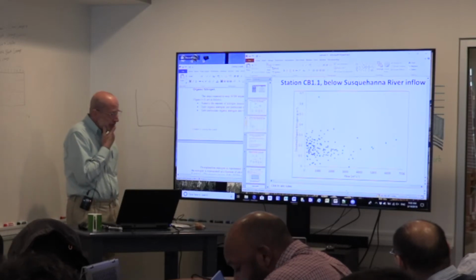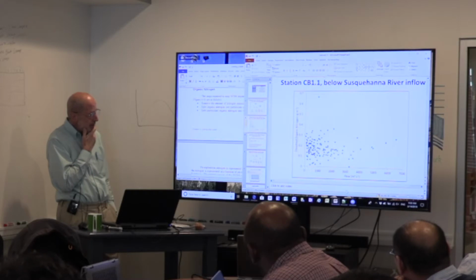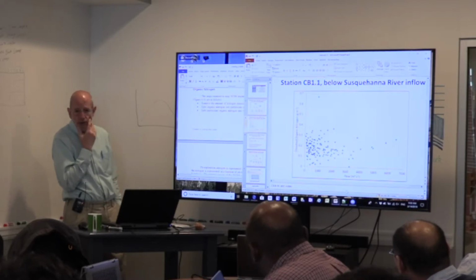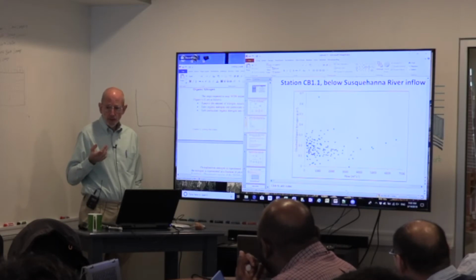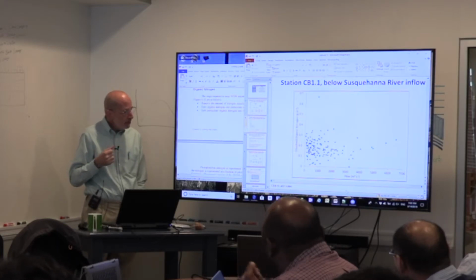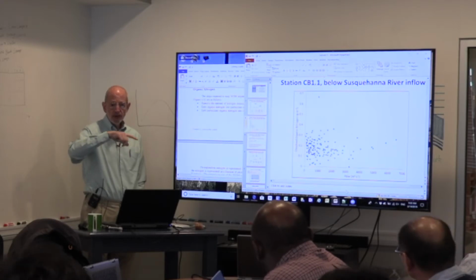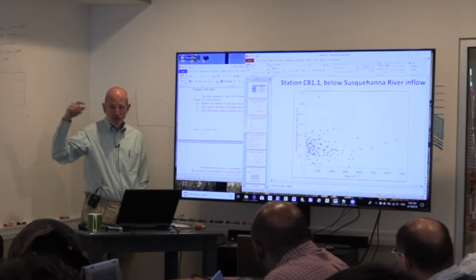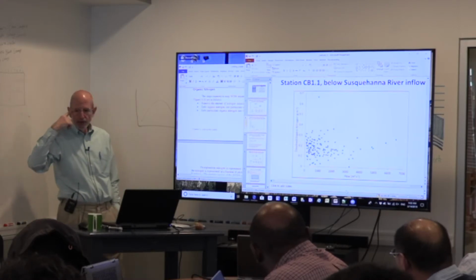Over the years, I don't know why I'm showing this, but when I first looked way back in 1984 or so at, for example, dissolved organic nitrogen, I could see a relationship to flow. The dissolved organic nitrogen went up with flow and then leveled off, and I published that and said, isn't this wonderful? And as more and more data came in, that relationship sort of disappeared.